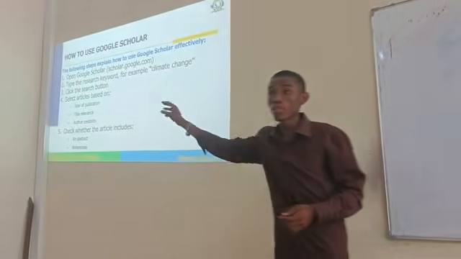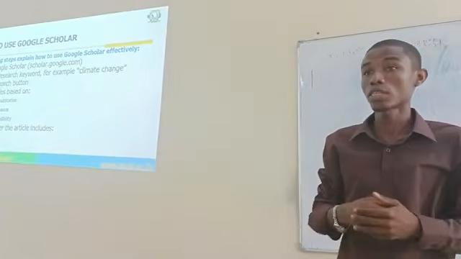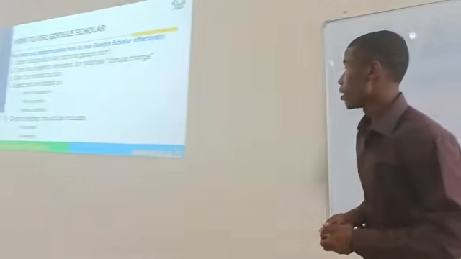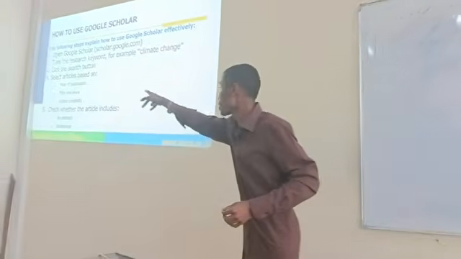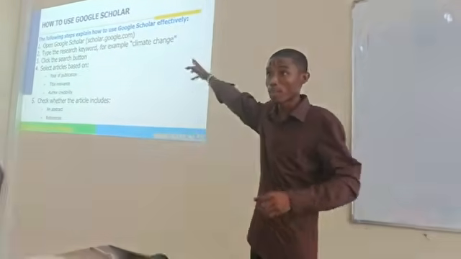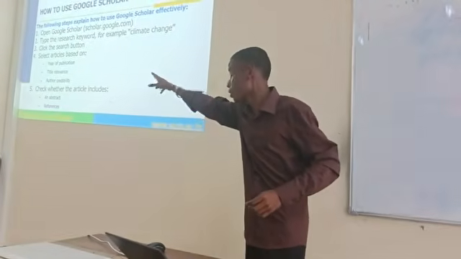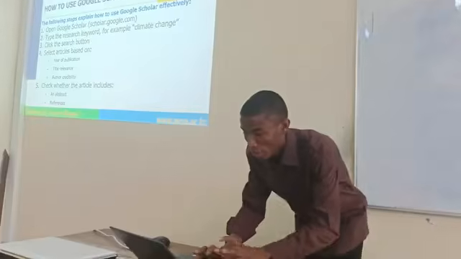The search button directs you to the research that you want. And then select the article based on your needs. This is very important. Can I show you the first steps?